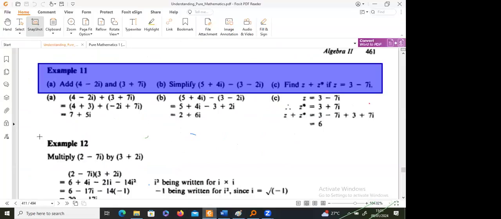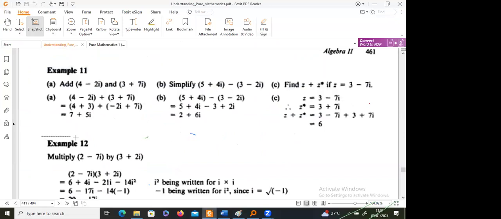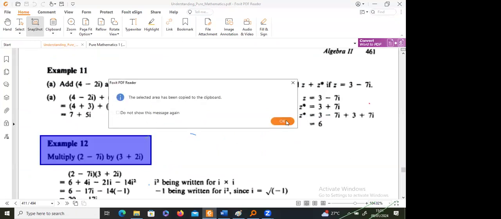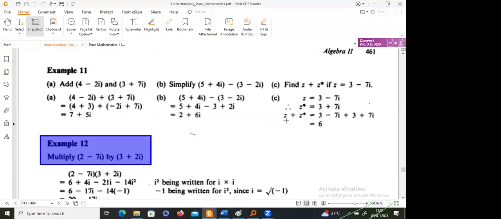Someone with a book, can you go ahead and read, as I also copy from the book here. The next example says, multiply 2 minus 7i by 3 plus 2i.